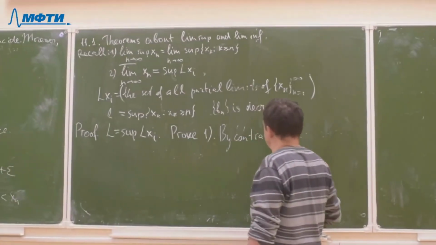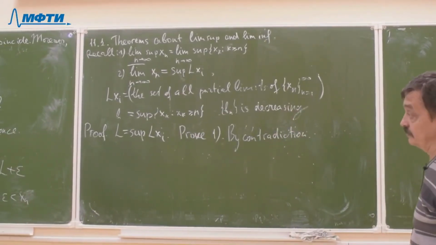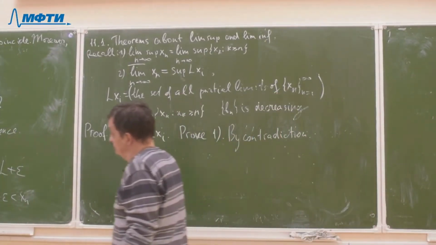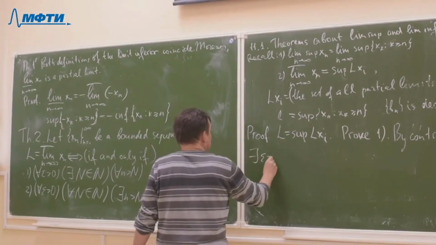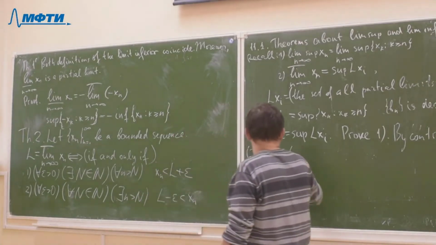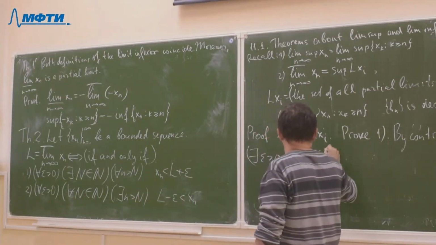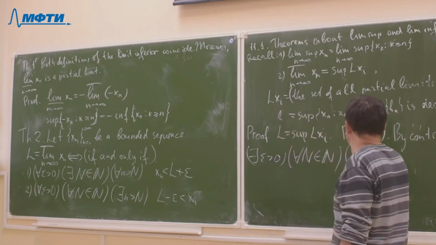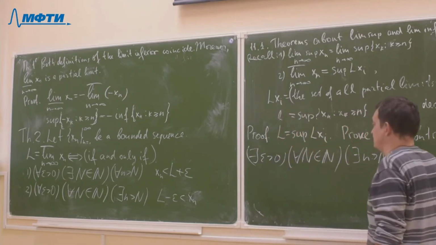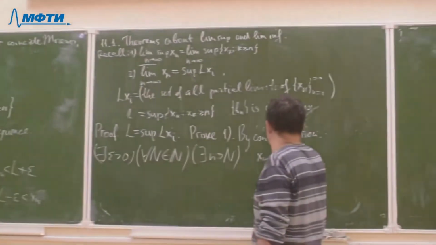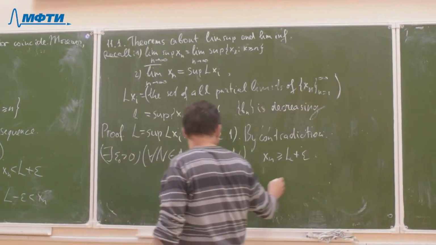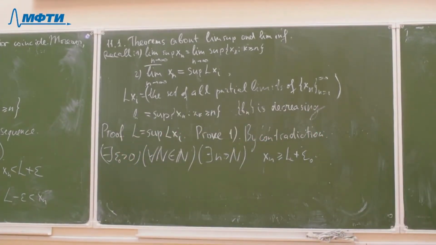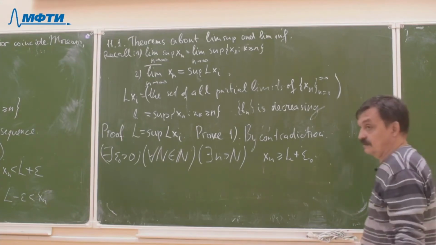So we suppose the opposite. It means there exists epsilon greater than 0 such that for all natural N, there exists n greater than N such that x_n is greater or equal than L plus epsilon. Let me write here epsilon naught to make it clear that epsilon is fixed. Epsilon naught is fixed.